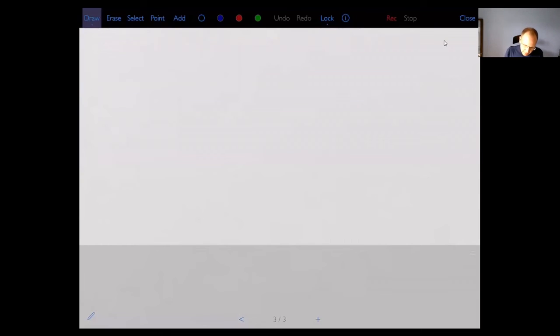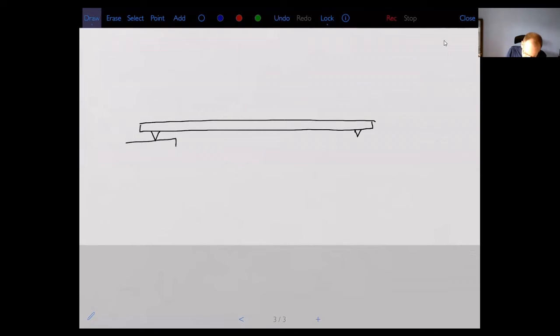Okay, so basically, here's what's going on. We have this board. It has these 2 little knife edges, just pieces of angle iron. And one side is going to be on a scale. So let's say this is a scale. And the other side is just on a block of wood.